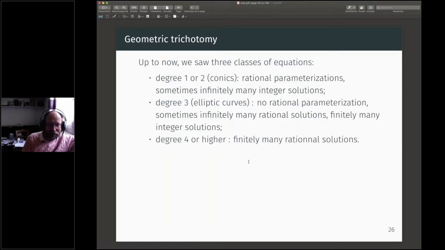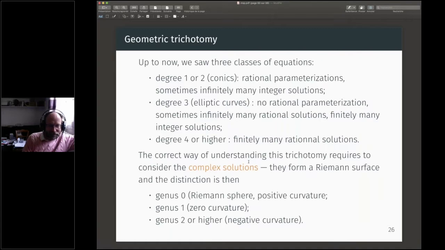In degree 3, we have no rational parameterization, and sometimes infinitely many rational solutions, but always finitely many integer solutions. And in degree 4 or higher, finitely many rational solutions. And this is the complicated trichotomy. And in fact, that's not the good way to understand it.